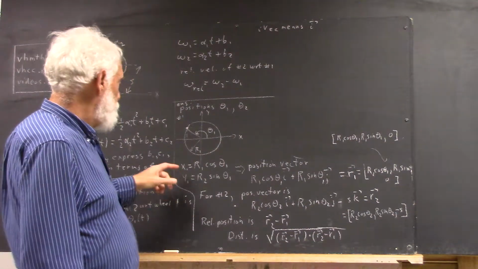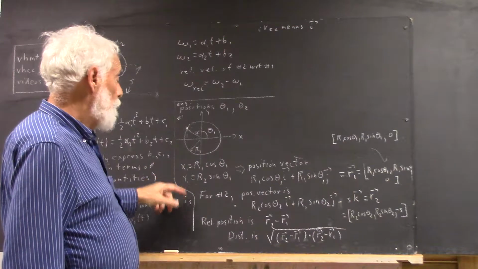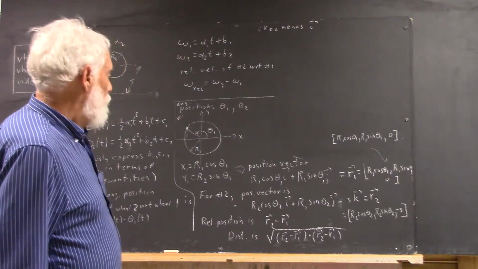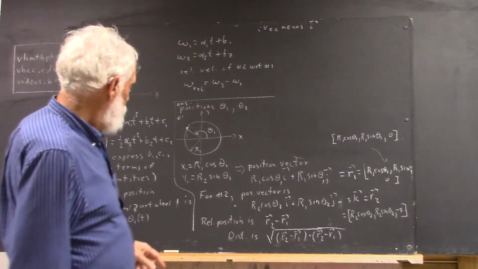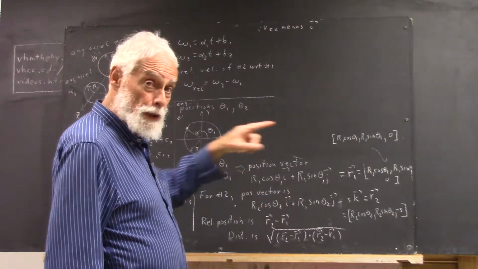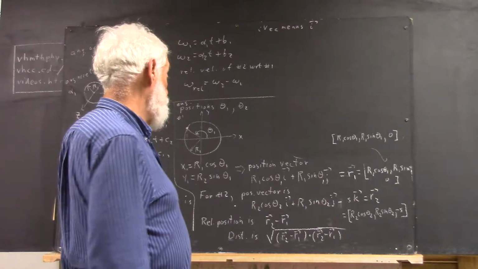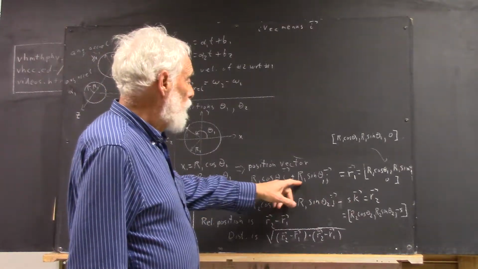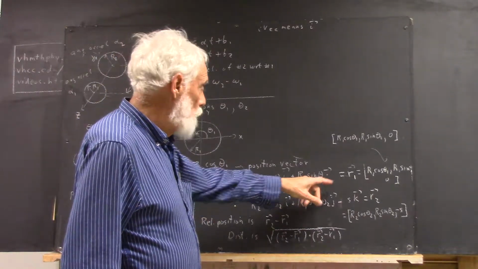So if the x position is x1, y position is y1, then your position vector would be r1 cosine theta 1 times your i vector, the unit vector in the x direction, plus r1 sine theta 1 times the j vector.